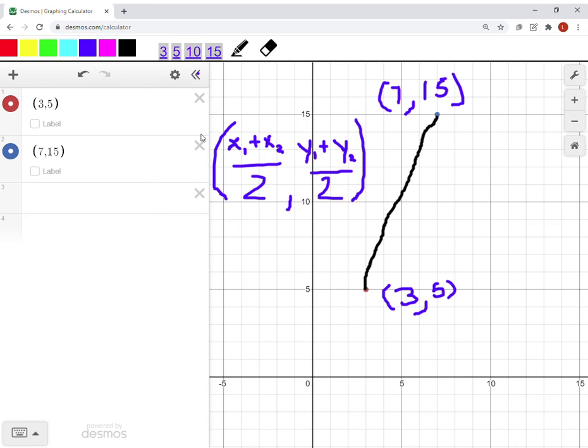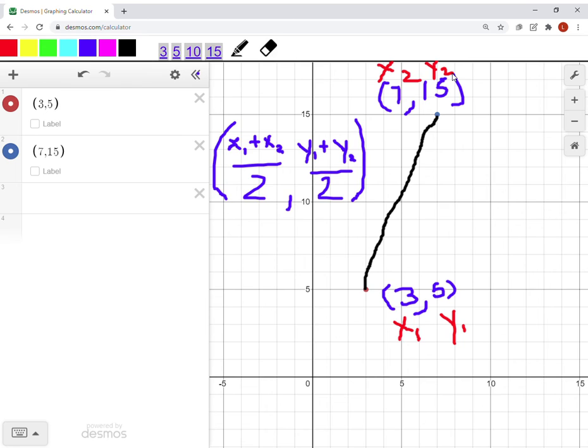Anytime you have coordinates, whether we're finding midpoints, working with the distance formula, or maybe working with slope, honestly, in almost any situation in the entirety of mathematics, whenever you have coordinates, what you want to do is label one of those coordinates as x1, y1, and the other coordinate as x2, y2.